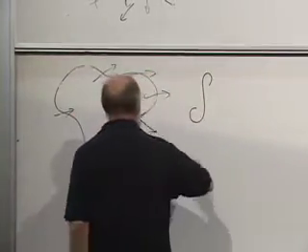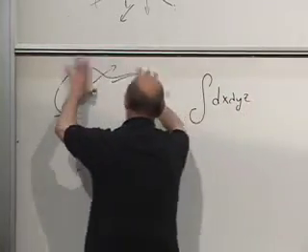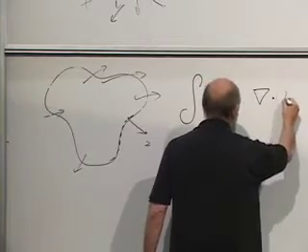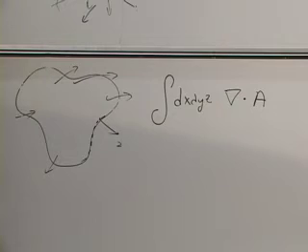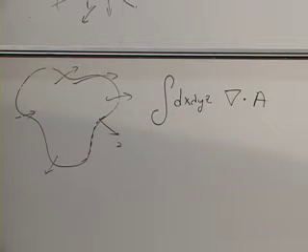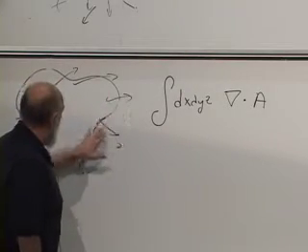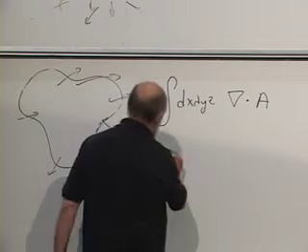In the three-dimensional case, it would be the integral dx dy dz over the interior of this region of the divergence of A. If you like to think of A as the velocity field, that's fine, is equal to the total amount of flow that's going out through the boundary. And how do we write that?